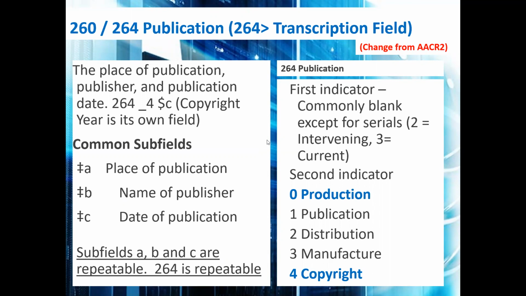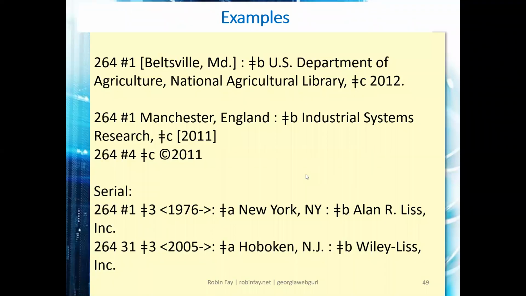So you could use that 264 and then your first indicator 0 for production, but then you would need to see if you have any copyright. So we used to use the little c for copyright in records, and if you have a c, then you're going to use the copyright for that, which is a 264 indicator 4, and you'll use a subfield c for that. So some examples of that.